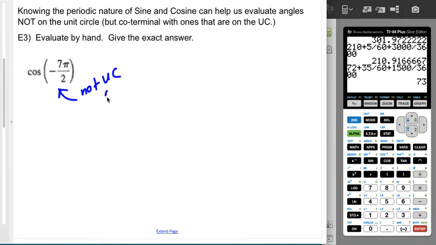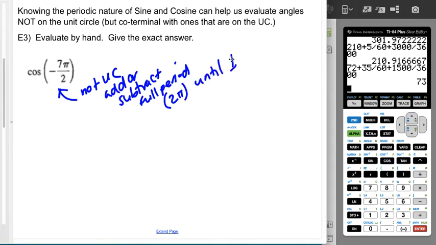So what I'm going to do is add or subtract full circles, which in this case would be a full period, a full circle of 2 pi, until I get an angle I know, so an angle on the unit circle. So I look at this negative 7 pi over 2, right?